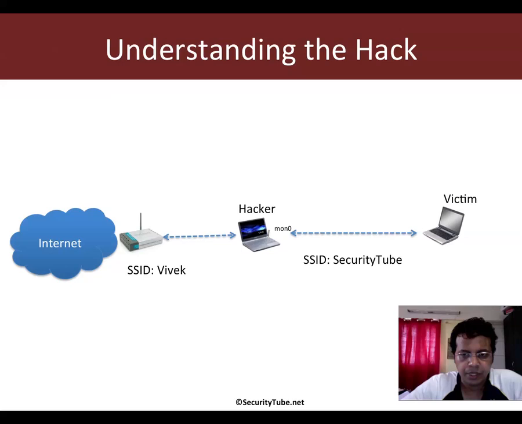So, using VirtualBox or VMware, whatever you're using, we will map the wireless interface which is connecting to the SSID Vivek to ETH0, which is exposed inside VirtualBox. Then we will bridge both of these interfaces so that any traffic sent by the victim to Mon0 would go straight to ETH0 and to the internet, and any traffic coming from the internet towards the victim would once again be relayed over the bridge.